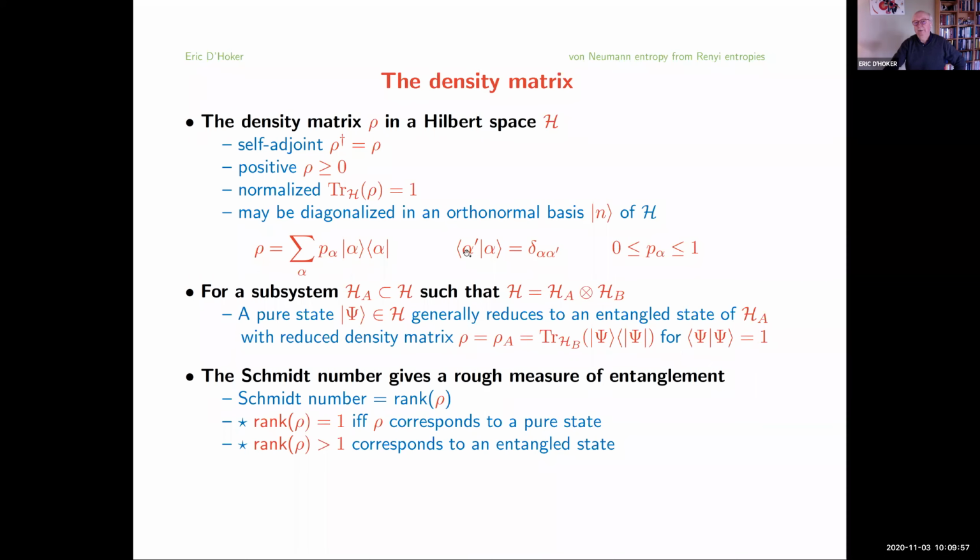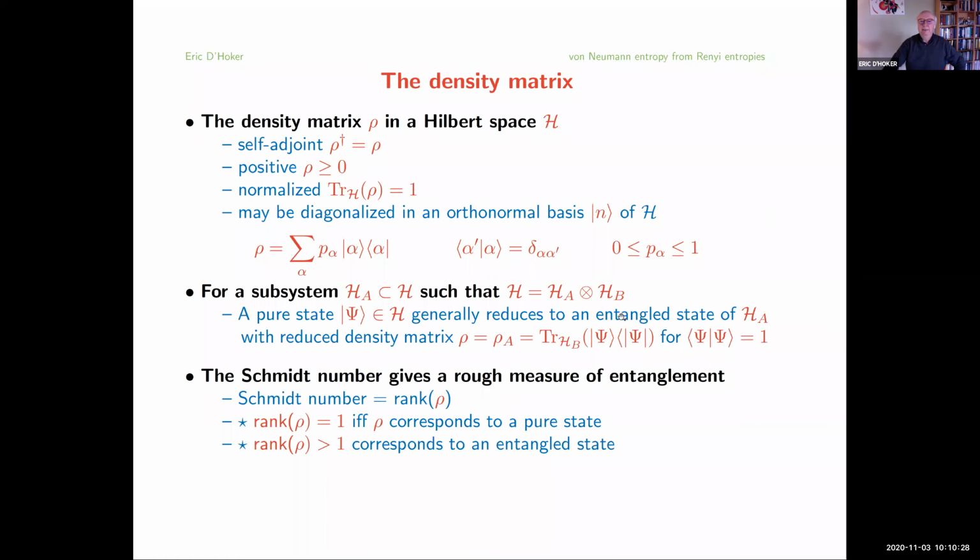And I'll assume that different alphas are orthonormal to one another. Because of positivity, these p's are positive. And because the trace is 1, they all have to be less than 1. So they're between 0 and 1. And you can think of them as classical probabilities for the incoherent superposition of the density matrices of pure states.